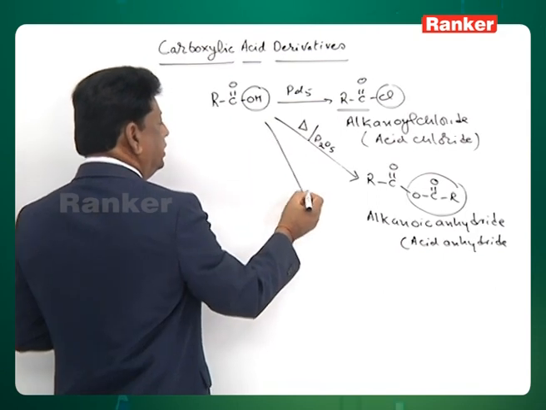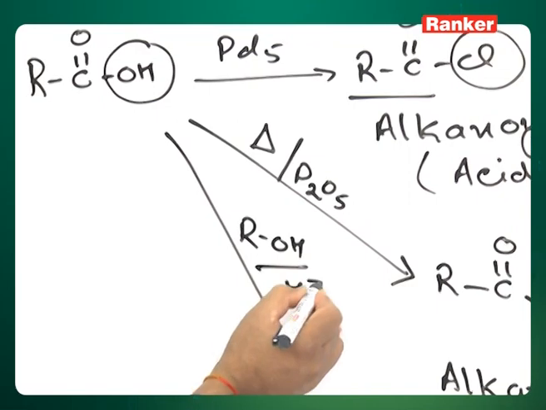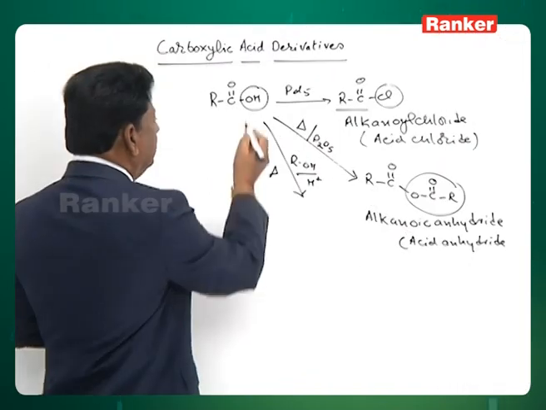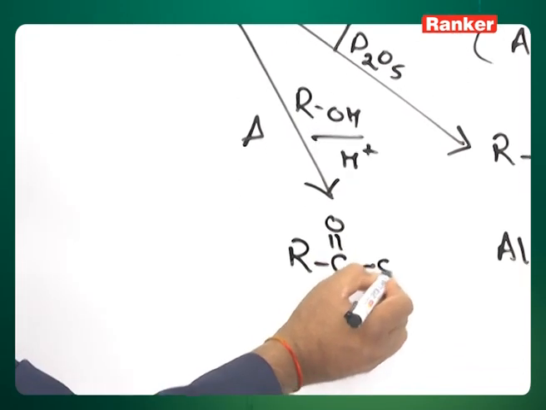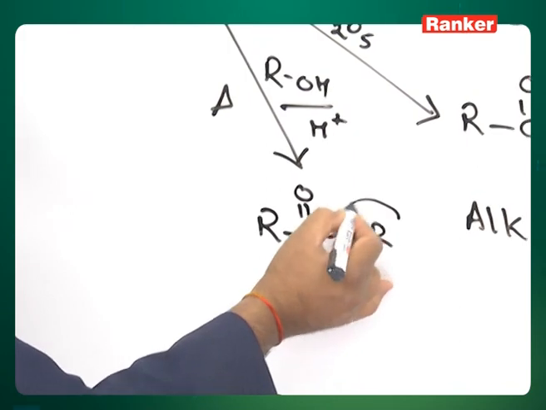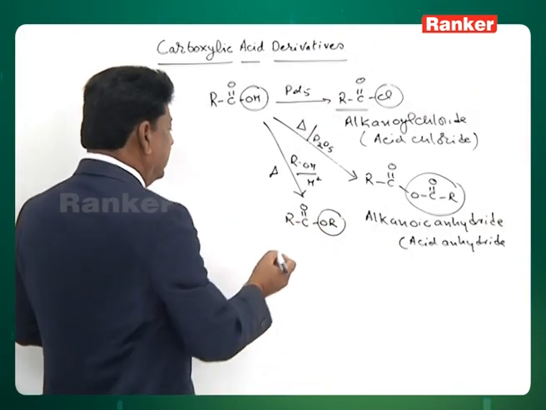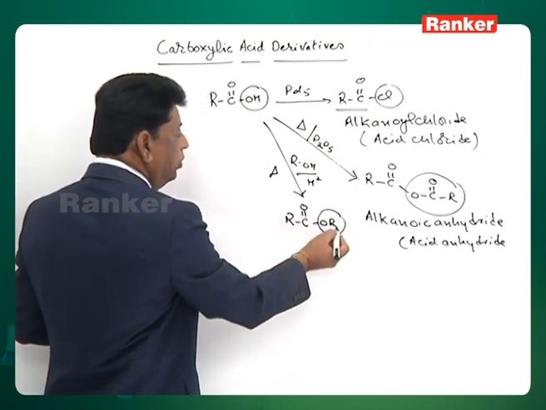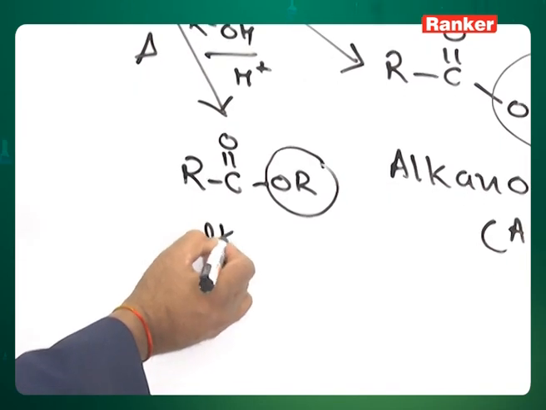Similarly, when you treat it with alcohol, generally in the presence of sulfuric acid, and then slightly warm it, this OH is suitably replaced by the OR, giving RCOOR. So, an alcohol has come. This is again the main alkanoate compound. The R is newly entered, so first we finish off by saying alkyl.